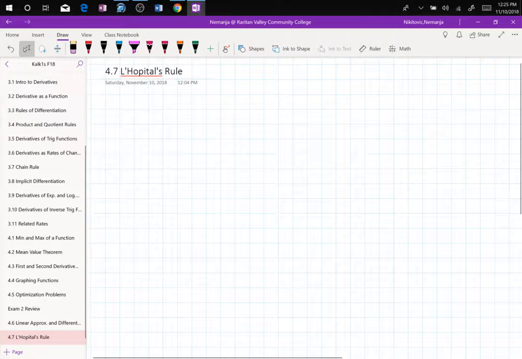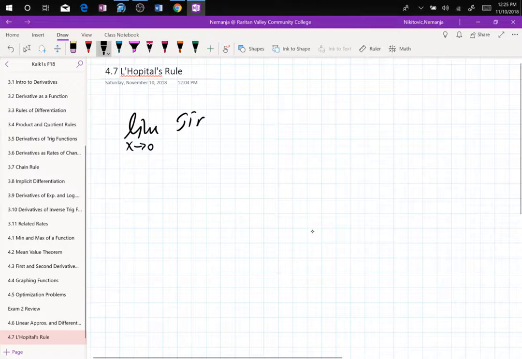Well, I'm going to go back to the good old limit as x goes to 0 of sine x over x, and remind you that you were supposed to memorize that that limit is equal to 1. Someone might have said why, and I said wait, and eventually it will be revealed, and that's today. So here is why.